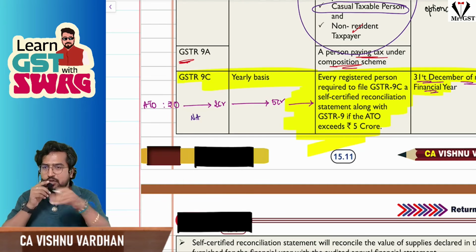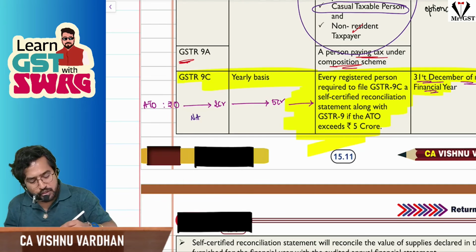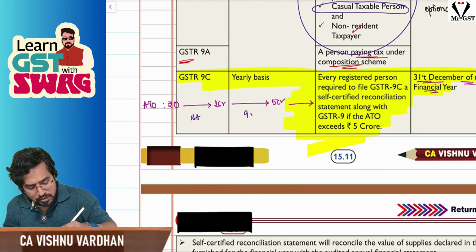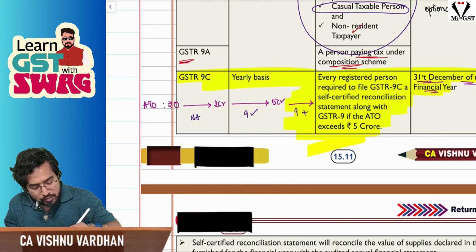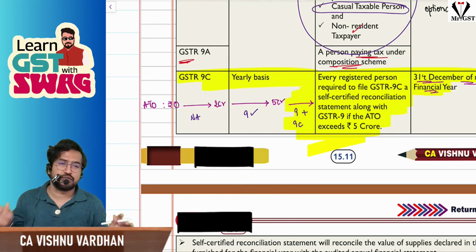If you want to file 9, file it, no problem. But for 2 crores to 5 crores, GSTR 9 is mandatory. For 5 crores and above, 9 plus 9C. You should file GSTR 9 also.